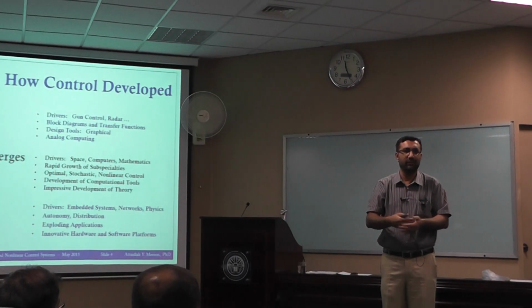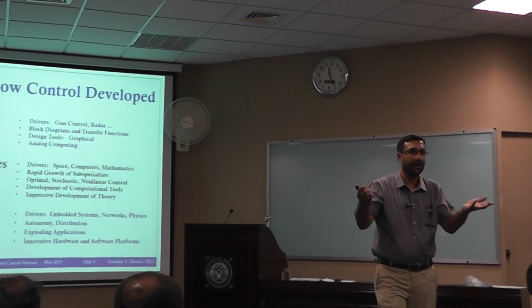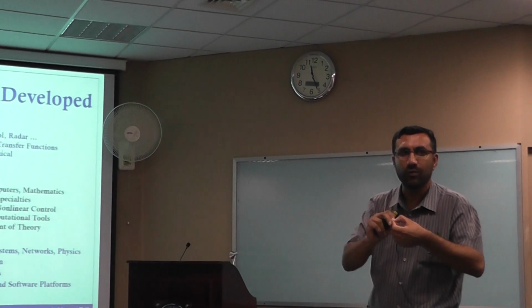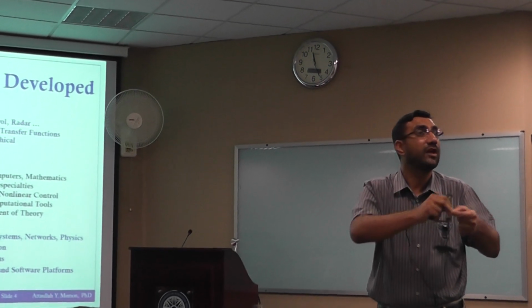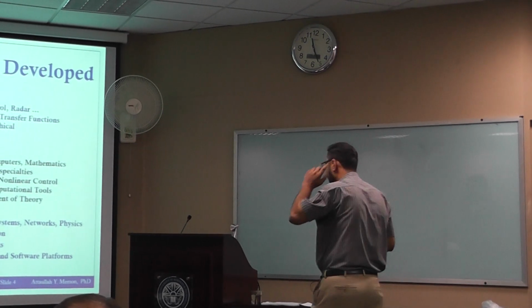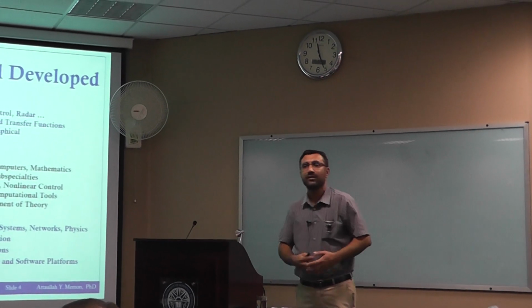So networks, physics, of course. From mega to nano, we have gone to nanotechnology. Now we are trying to do things with our DNA strings. We are manipulating strings, or we are cloning things, to that level. Autonomy and distribution, of course, things are distributed over places.